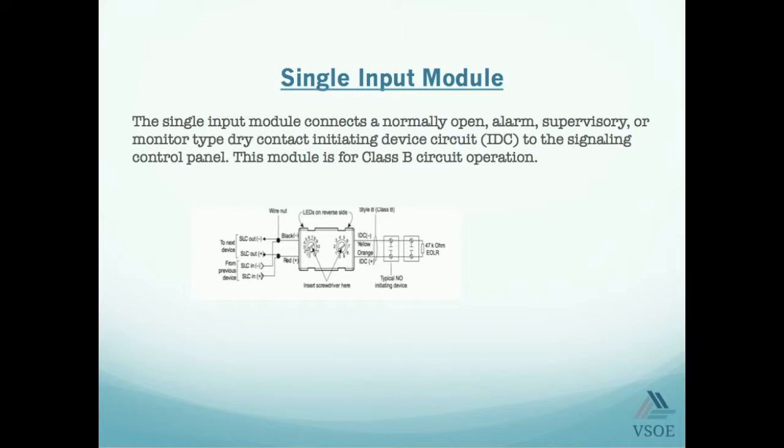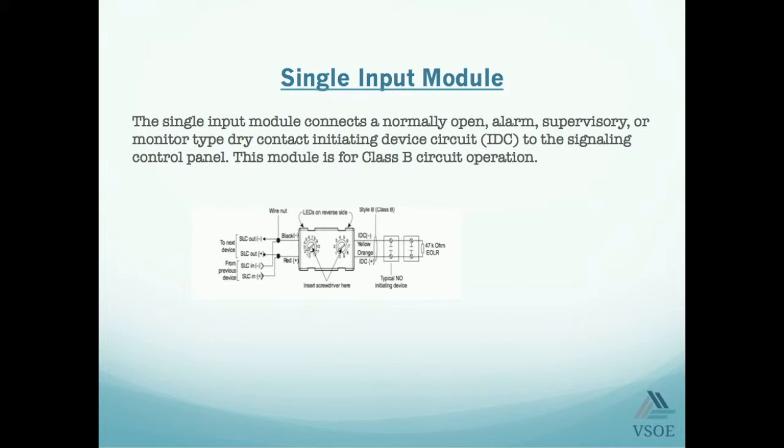Let us now get into a single input module. The single input module connects normal open alarm supervisory or monitor type dry contact initiating device to signal the control panel. This module is for class B circuit operation.